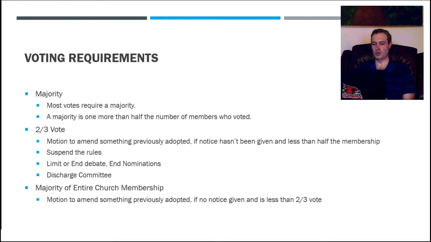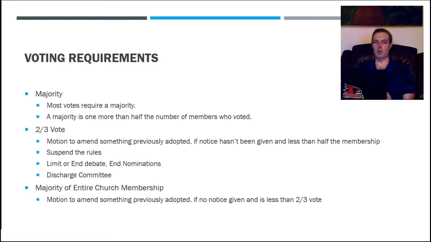Now, the majority is one more than half the number of members who voted. It's not the number of people who are there. It's not the number of people who are a member of the church. It's the number of people who vote. So if there are people that don't vote on a particular issue, then you don't count them in determining if there's a majority.